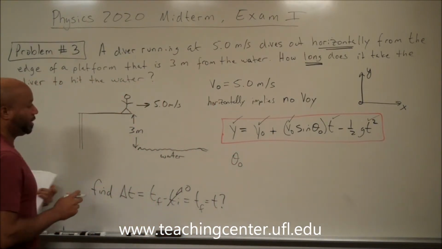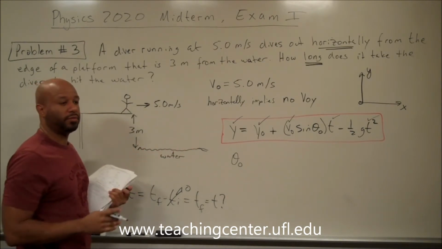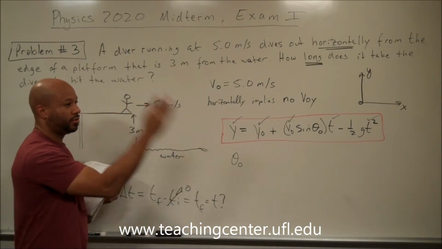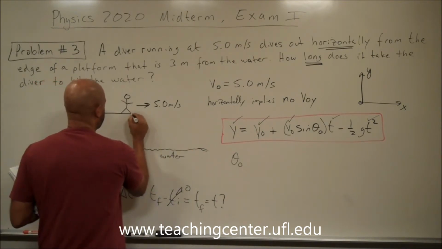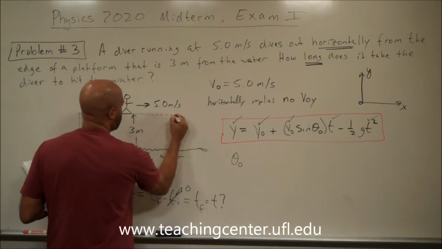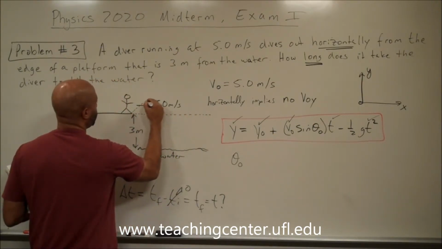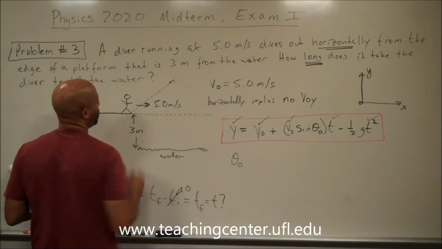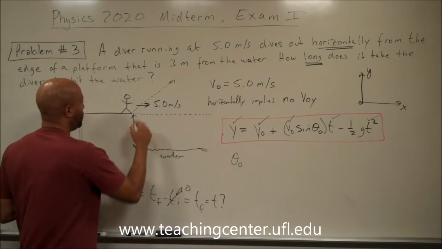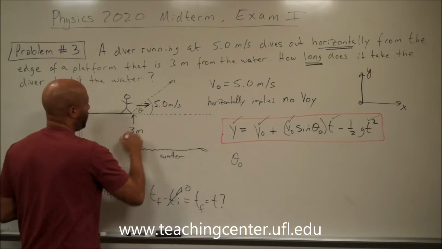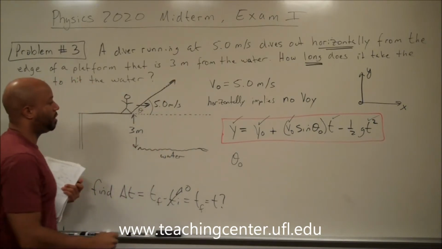In projectile motion, theta is the angle that the motion makes from your launching point with a line that's straight across. So if this guy were diving out with some initial y value, then this angle that he makes with the horizontal is what we call theta.